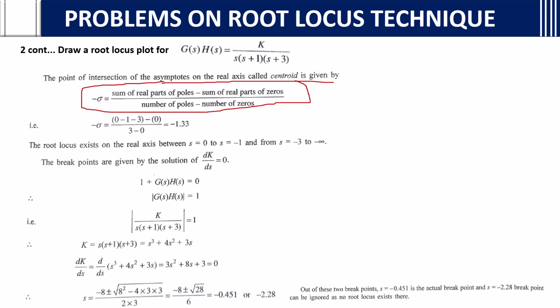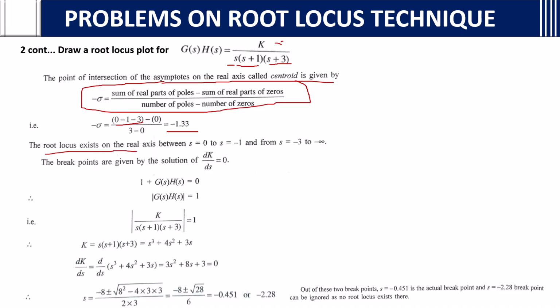The real parts of the poles are 0, 1 and 3, as s equals 0, s equals minus 1, s equals minus 3. The sum of real parts of zeros is 0 as there are no zeros, so it is minus 4 by 3, with number of poles 3 minus 0. You get minus 1.33 as the minus sigma value. That is nothing but the centroid value.